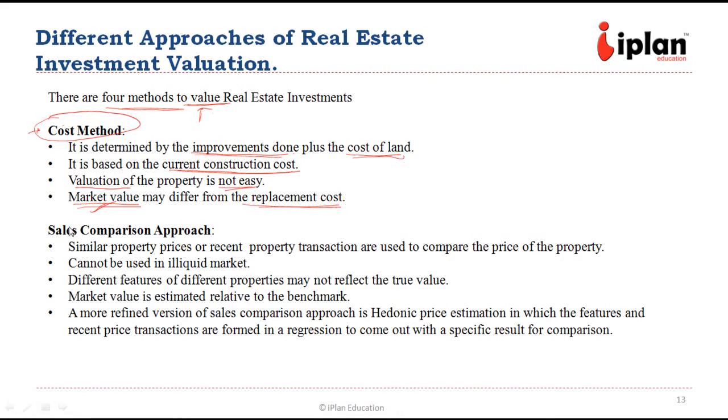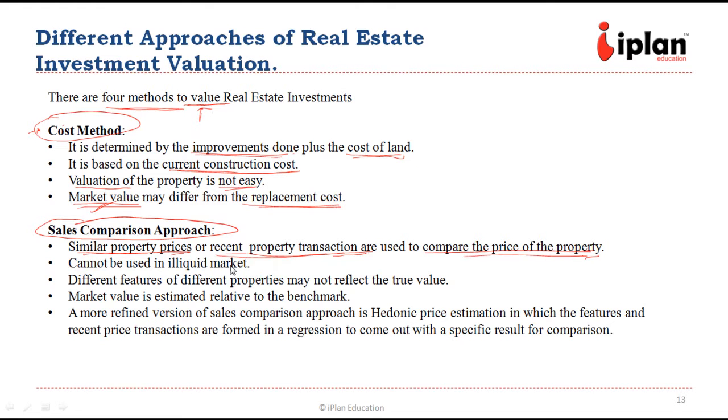Let us look at the second method, which is the sales comparison method, under which similar property prices or some recent property transactions are used to compare the price of the property. If we have certain similar properties for which a transaction has occurred in the recent past, we can compare and then make certain adjustments based on the differences in the current property, and we can find out the value of the property.